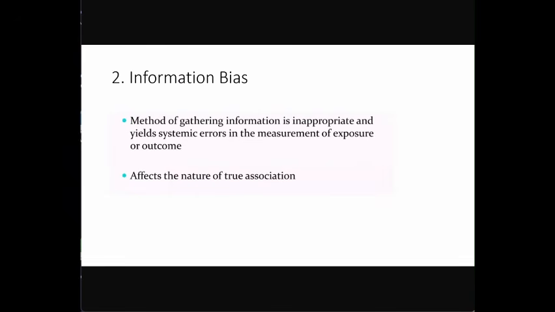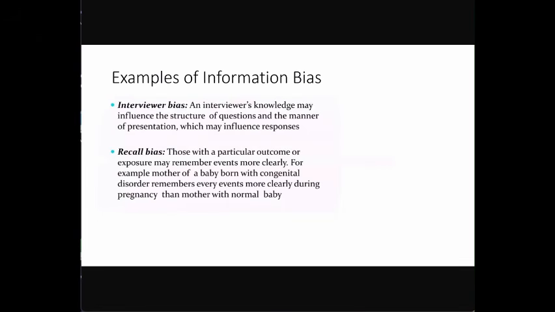Information bias, I mentioned, can cause a lot of problems for us. Either people are telling you what you want to hear, or people forget. Examples: interviewer bias, recall bias. People simply don't remember. Interviewer bias is about information.